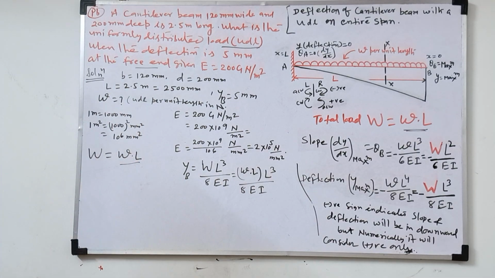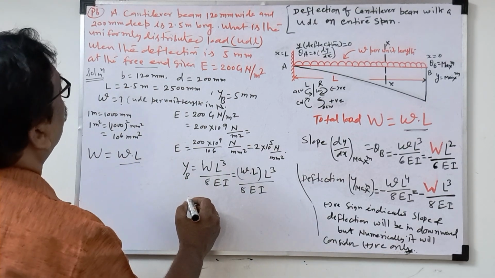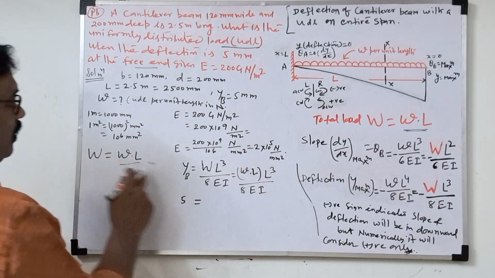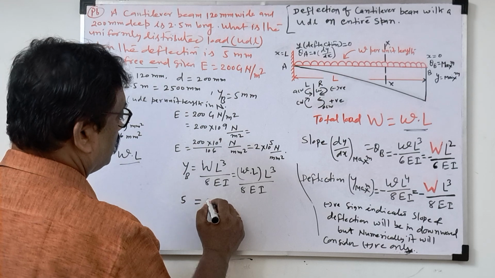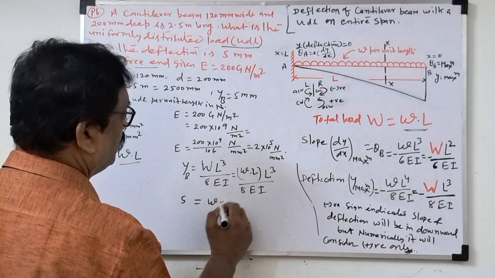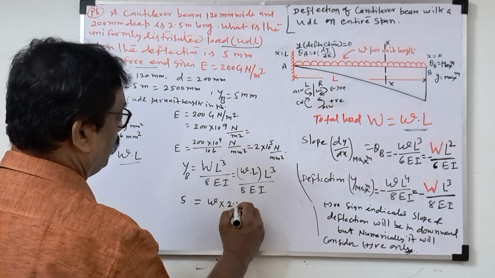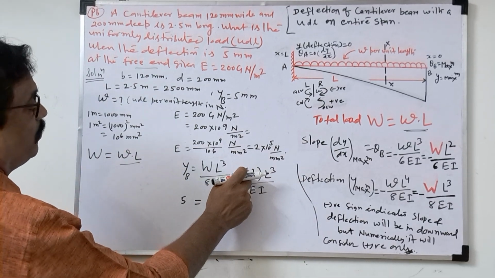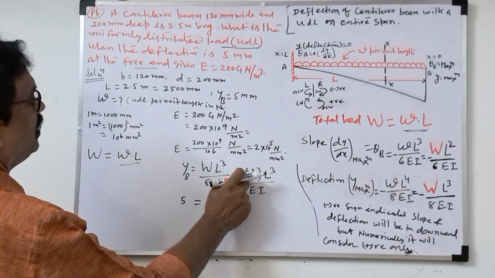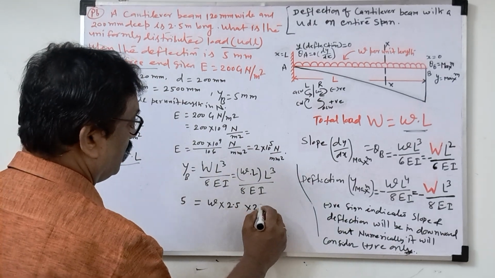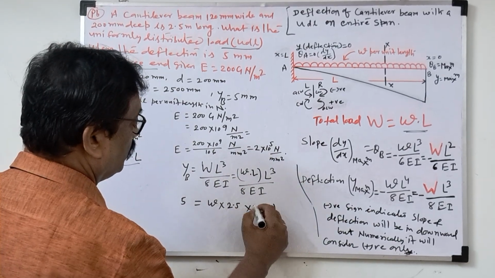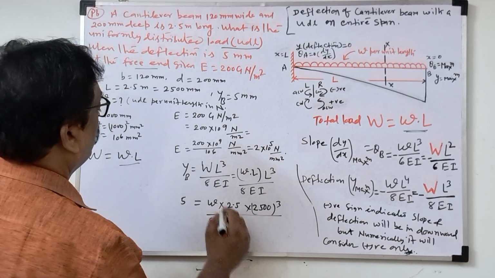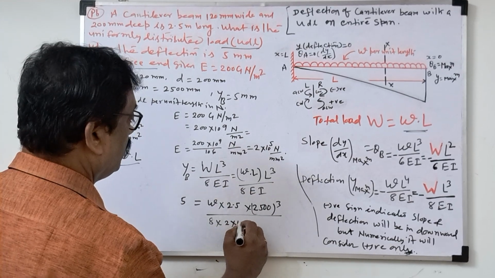Now we substitute the values. YB is given as 5 mm. w as it is. Length will be 2.5, because this is per unit length, this length we take in meter. Then the other length is 2500 power 3, divided by 8 into E, where E is 2 into 10 power 5.